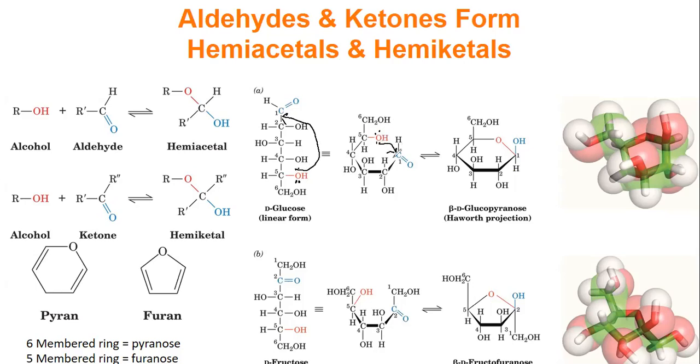And you form a cycle. The former carbonyl carbon, the carbon that got attacked, we call that the anomeric carbon. All right, so that's the anomeric carbon.